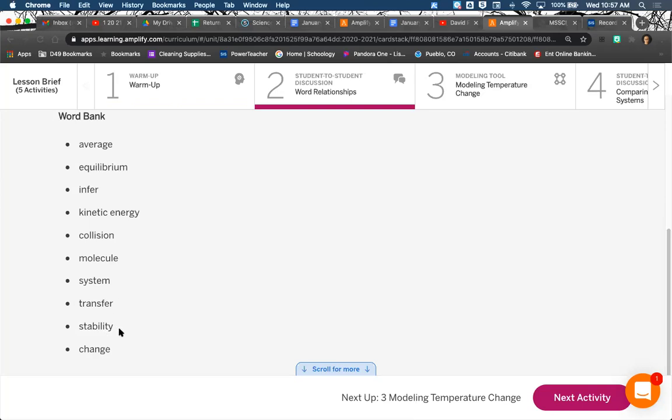And this takes place until all of the molecules have the same kinetic energy. That kinetic energy, because it's the same now, means that there is no higher energy in a molecule to share with another molecule of lower kinetic energy, because all of the molecules have the same energy.